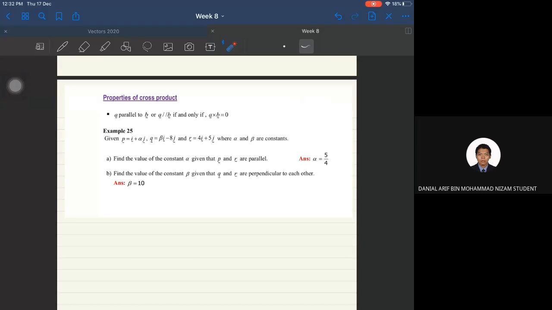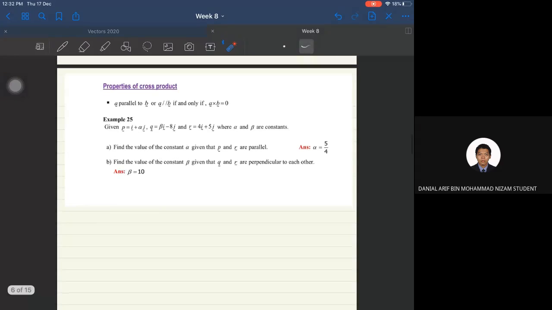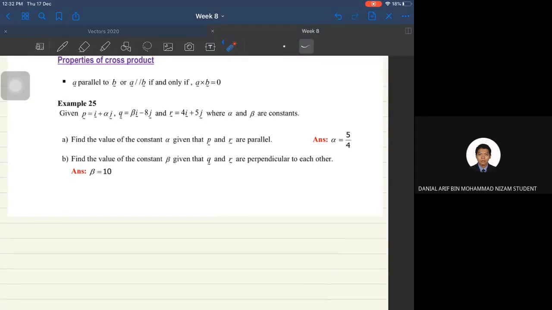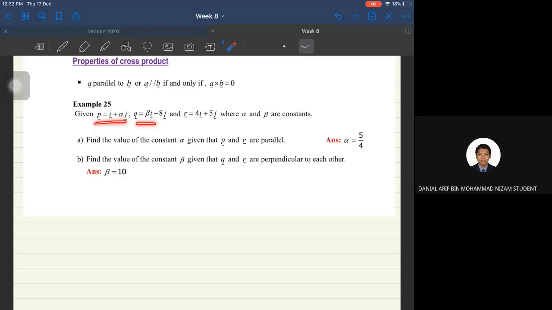So, example 25 ni mudah. It's okay, kita just try buat dulu. Okay, kalau you tengok dekat example 25 ni, dia hanya melibatkan I and J saja, kan? Two components, kan? 2D je lah, I, J, dia tak ada K. Okay, sebab tu saya kata mudah.